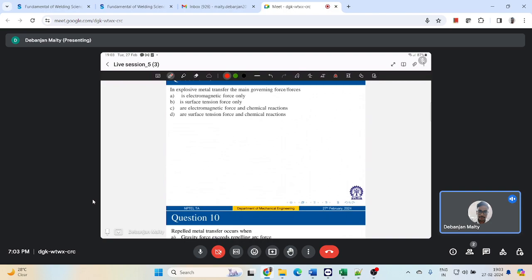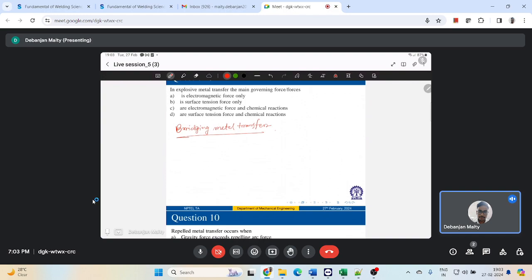So we talked about this free flight metal transfer. Then there was this contact type transfer, right? In contact type transfer, you have bridging metal transfer.